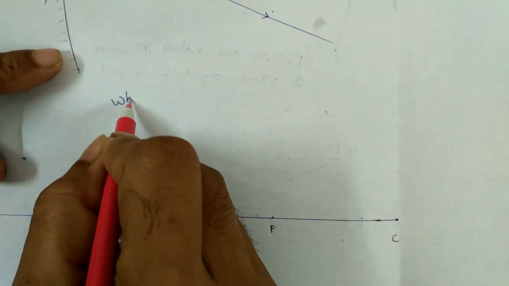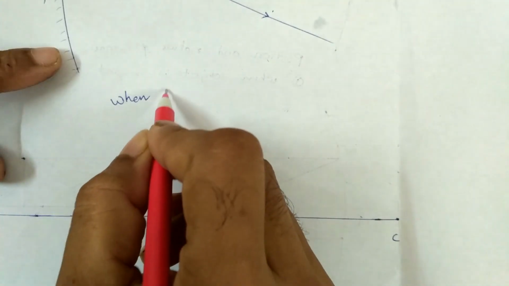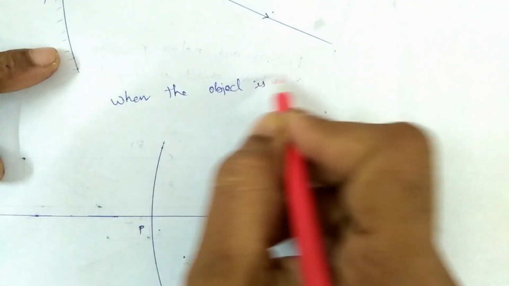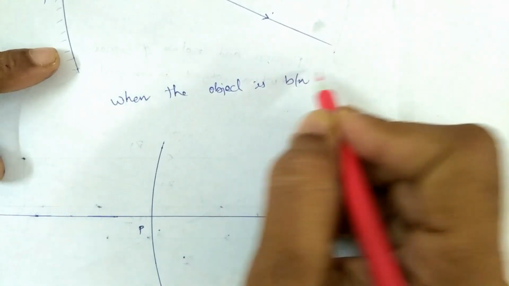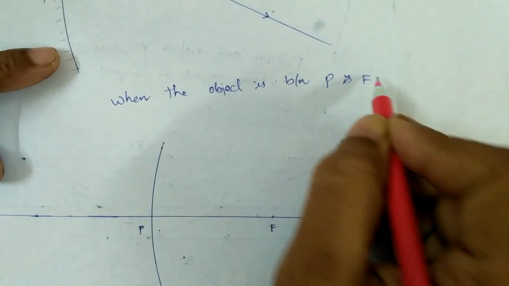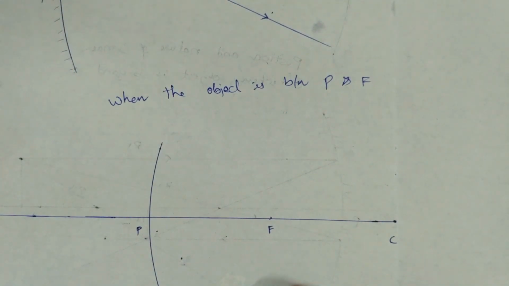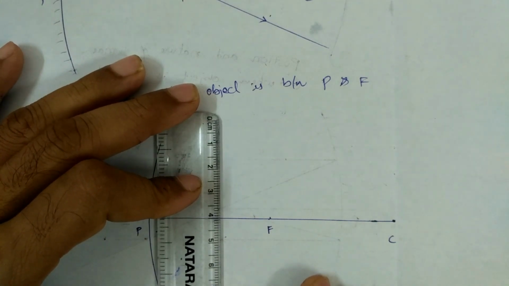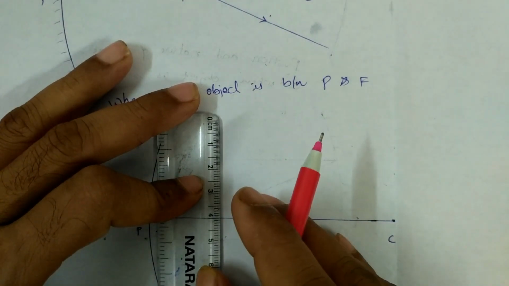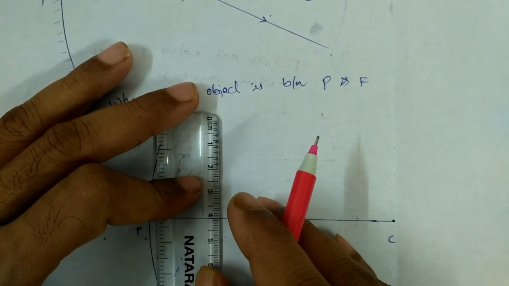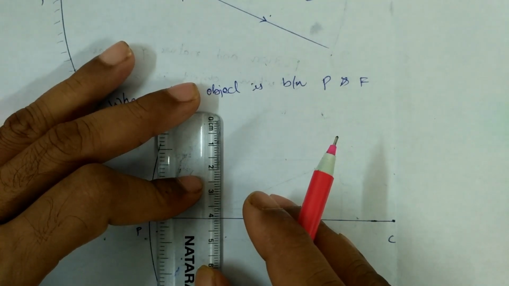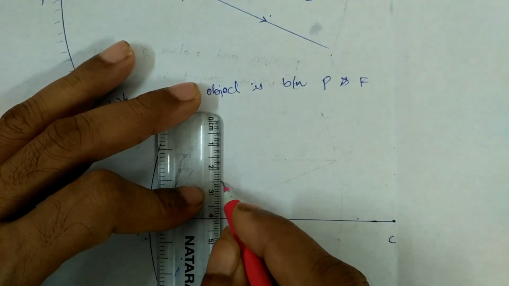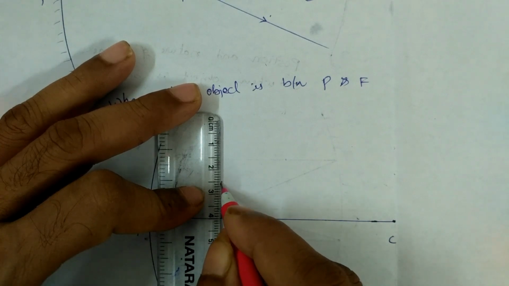Now when the object is between P and F, position and nature of the image. When the object is between P and F, I am taking an object of around 1.5 centimeters because the image will be large.